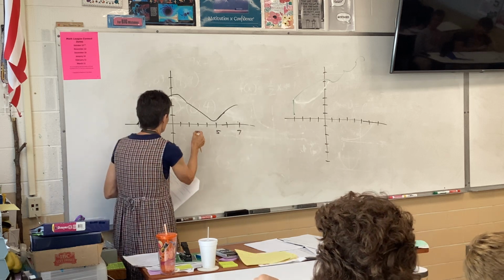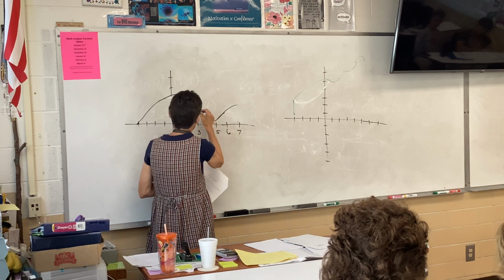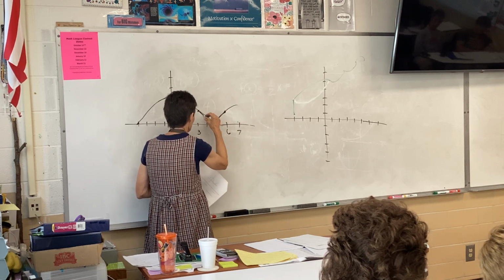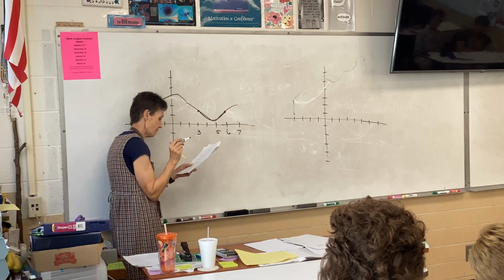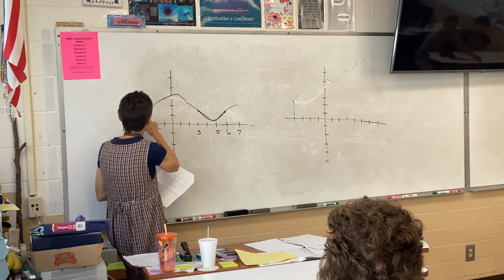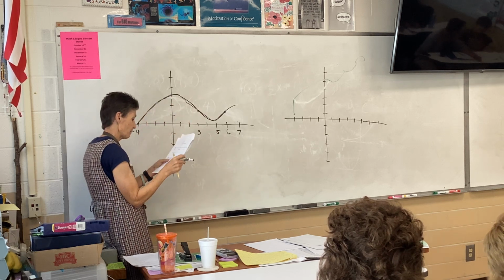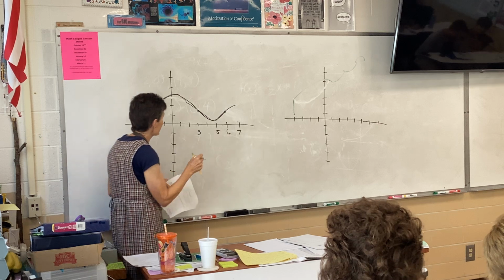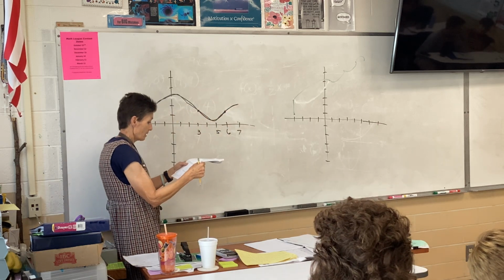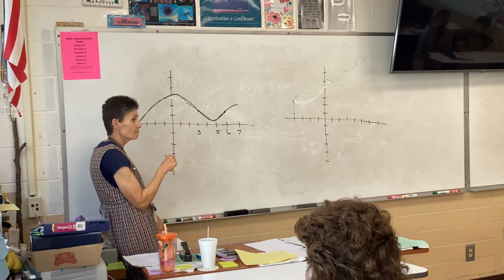Concave up from 3 to 6. Yeah, that looks concave up. Okay. Concave down from -4 to 3. Okay. And 6 to 7, yeah, that's concave down, good. So how's that look now, is that okay?